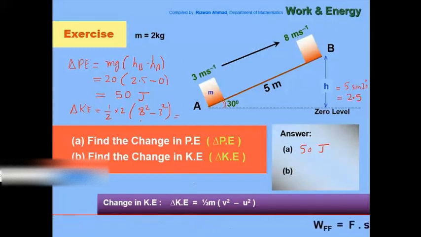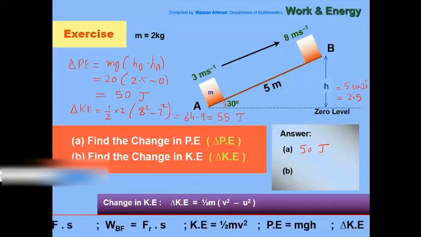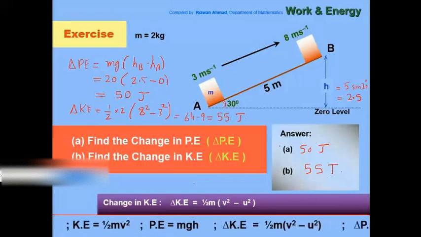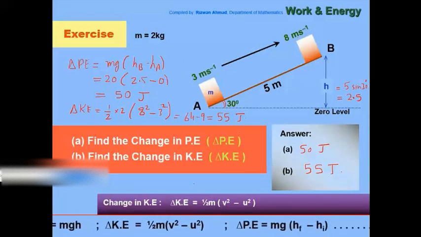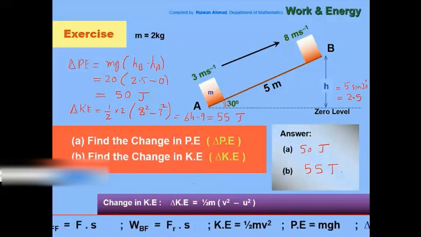So then this is cancelled, 64 minus 9, which is 55. Okay, so this is 55 joule. So see, it's a simple question. Now see that speed is increasing and the height is also increasing. It means that the total change in the energy is 105 joule.